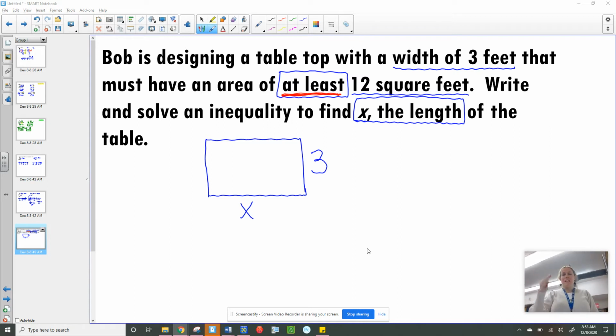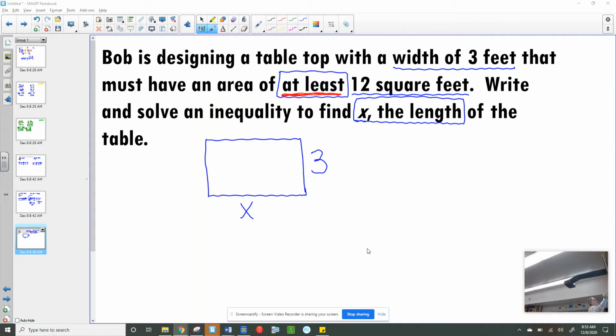And so if it can equal 12, I'm going to use either less than or equal to or greater than or equal to. At least means I want it to be 12 or more. So I'm going to be using a greater than or equal to because my area can be more than 12.